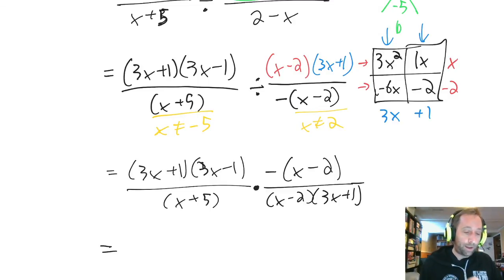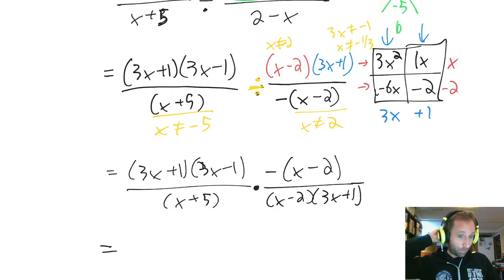But since I'm dividing by this fraction on the right-hand side, I also need to look in the numerator of that fraction. So this gives me x cannot be equal to 2, which I believe is just a repetition. But this one on the right-hand side gives me 3x cannot be equal to negative 1, so therefore x cannot be equal to negative 1/3. So those are going to be all of my non-permissible values.